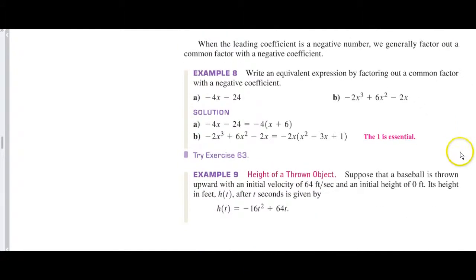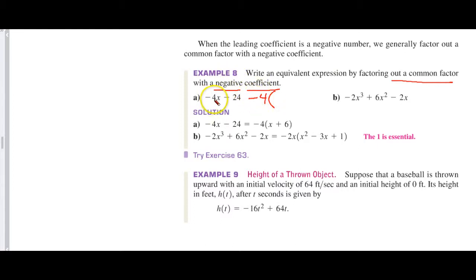Okay, here are some examples. And here they want you, and this is critical for your skill for chapter 6, they want you to factor out something with a negative coefficient. So as we look at this, we see we have a 4 that's common, but we're going to factor out a negative 4 because we want a coefficient that's negative.